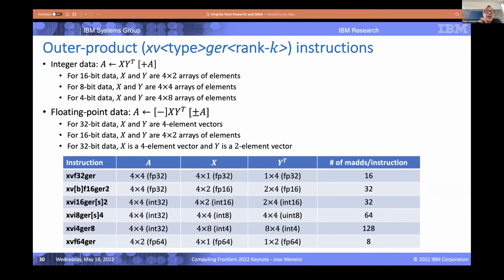As you can imagine, with all these different data types and variations of these instructions, it adds quite a few instructions to support all of these different data types, as well as multiply add, multiply subtract, and negating one or the other element.